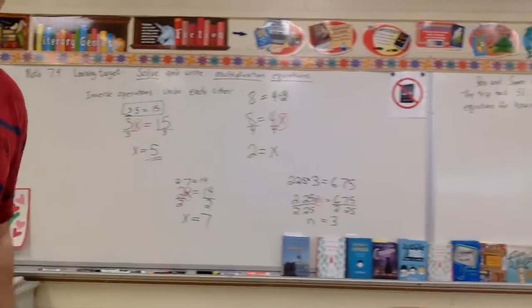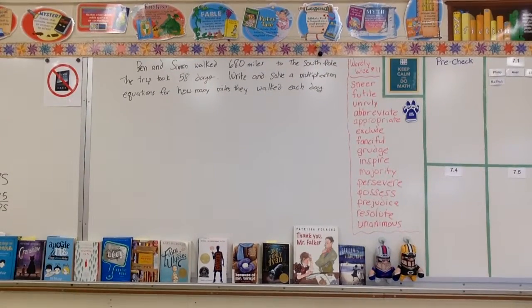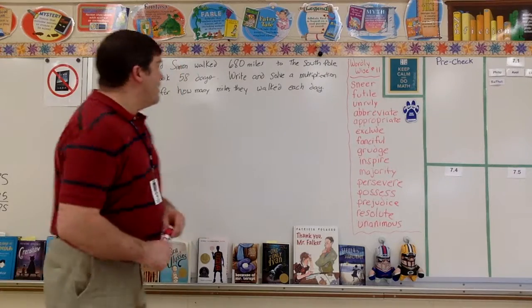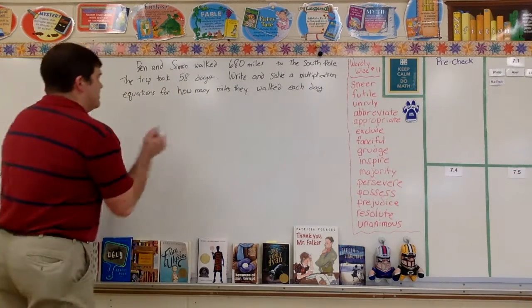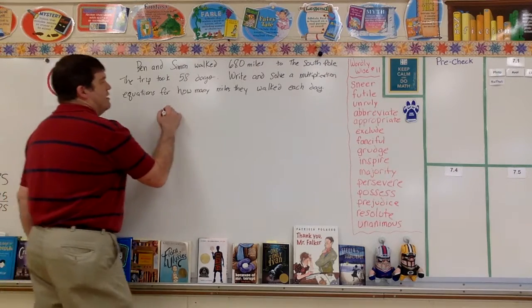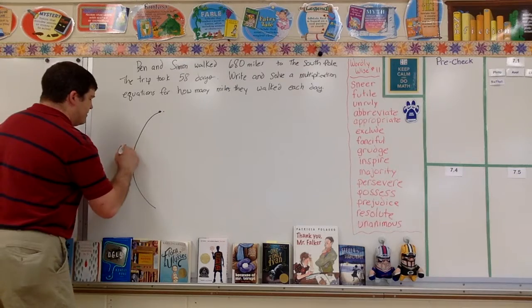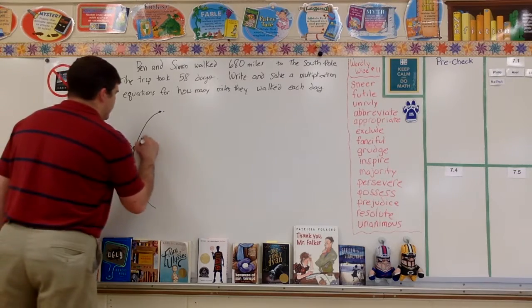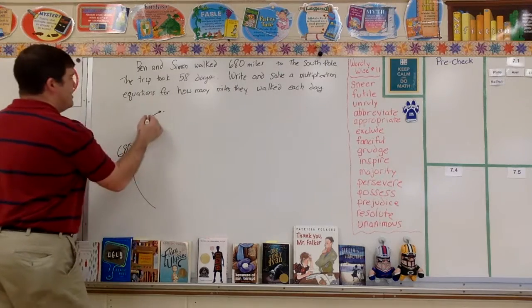Okay, let's go over here. This is a word problem. It's about Ben and Simon. They walked 680 miles to the South Pole. So they're starting here, and they go all the way to the South Pole, 680 miles. It's a long way. Now, it took them 58 days.